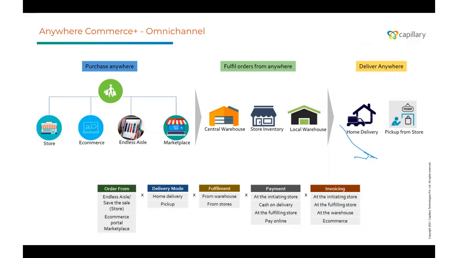And then this again could be different locations where you have a central warehouse, or a store, or a local warehouse. But all of these would be using our order management system itself, which is a unified tool, and eventually delivering them home delivered or as a pickup at store.